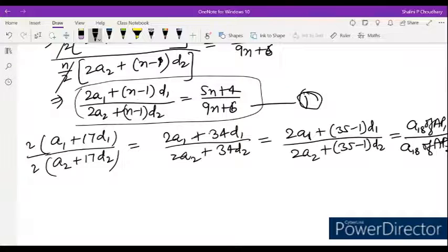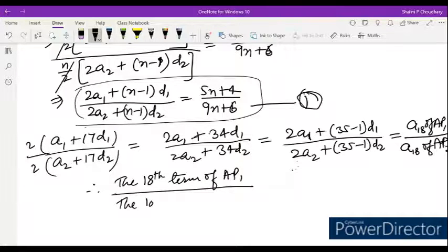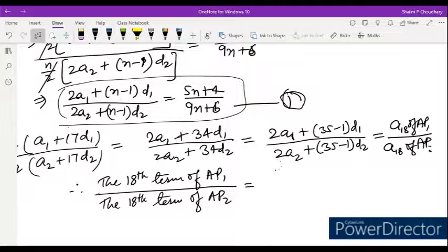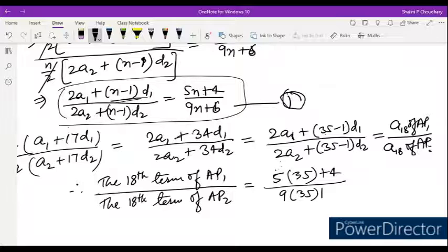Okay, so now according to this, can we put the values? So the 18th term of AP1 upon the 18th term of AP2 will be equal to, we'll put 35, meaning the value of n is 35, so 5 into 35 plus 4 divided by 9 into 35 plus 6.